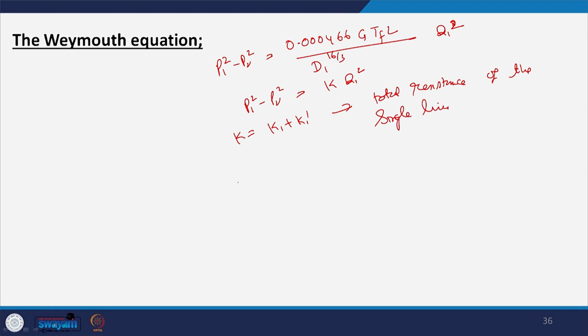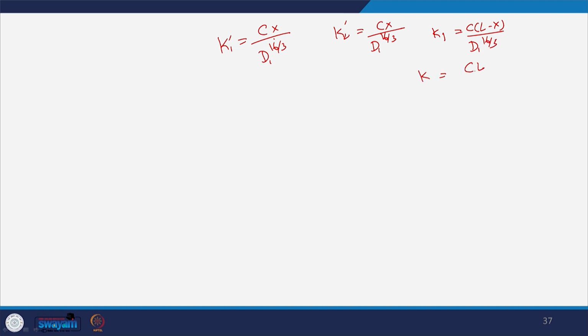For the total resistance of the Weymouth equation, the value of 0.000466 G T F is constant and named as C. Now, K1 is equal to Cx upon D1 to the power 16 by 3, K2 dash is equal to Cx upon D2 to the power 16 by 3, K1 dash is equal to C(L minus x) upon D1 to the power 16 by 3, and K is equal to CL upon D1 to the power 16 by 3.